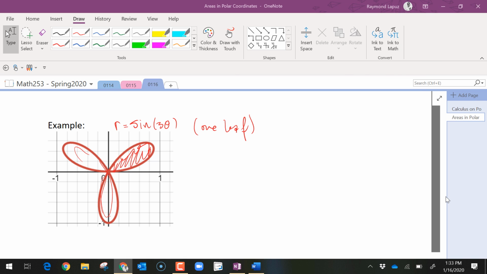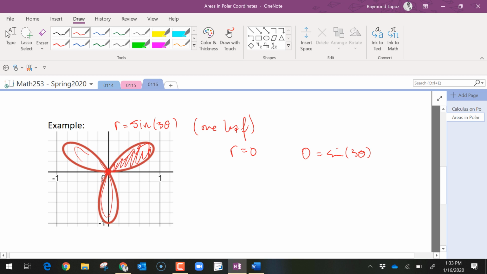So we are looking at this, and one way to do this analytically is that we know that r equals 0 at the starting point of the leaf that we want, and then at the ending point of the leaf. And so what we could do is set your function equal to 0 and then solve for theta.